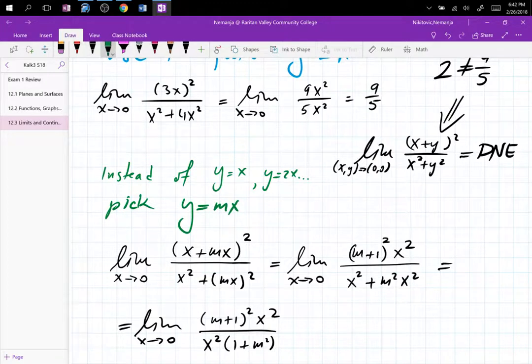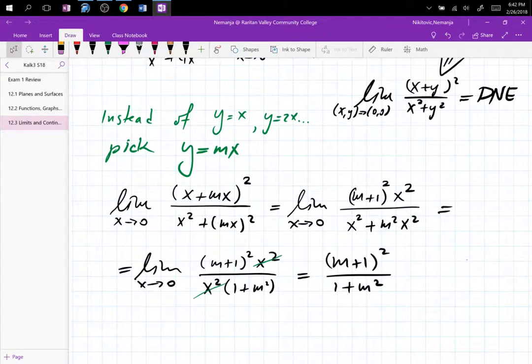And this is where these x squareds die. So what are you left with? You're left with m plus 1 squared over 1 plus m squared. You see, the answer depends on which m you pick.